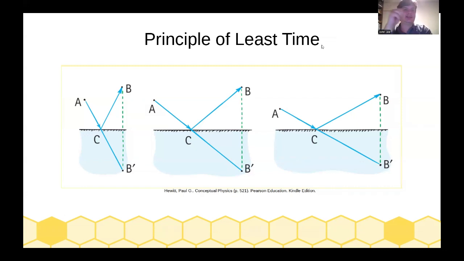As you can see in the first diagram, we have a steep angle where the angle with respect to the normal, which is the line pointing perpendicular to the surface, is small, so it will also come out at a steep angle. If you have an angle of about 45 degrees, then it will come out at about 45 degrees.